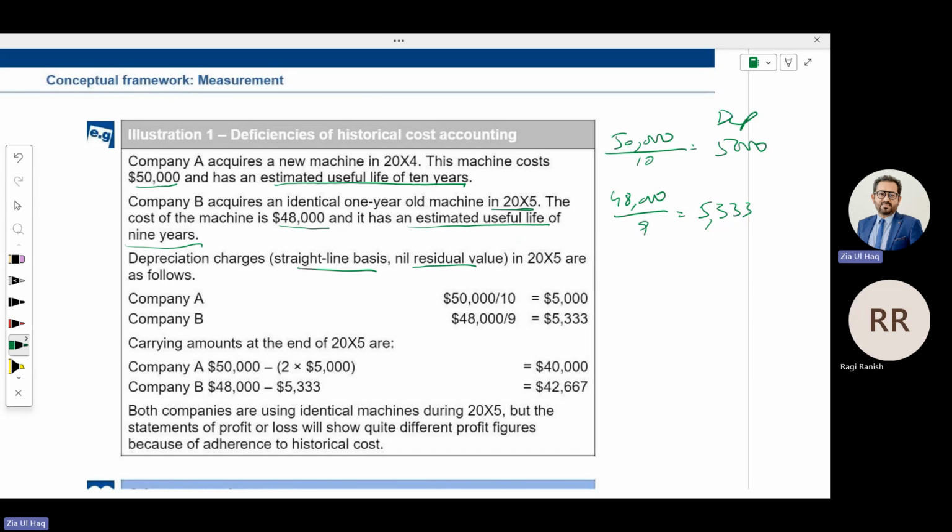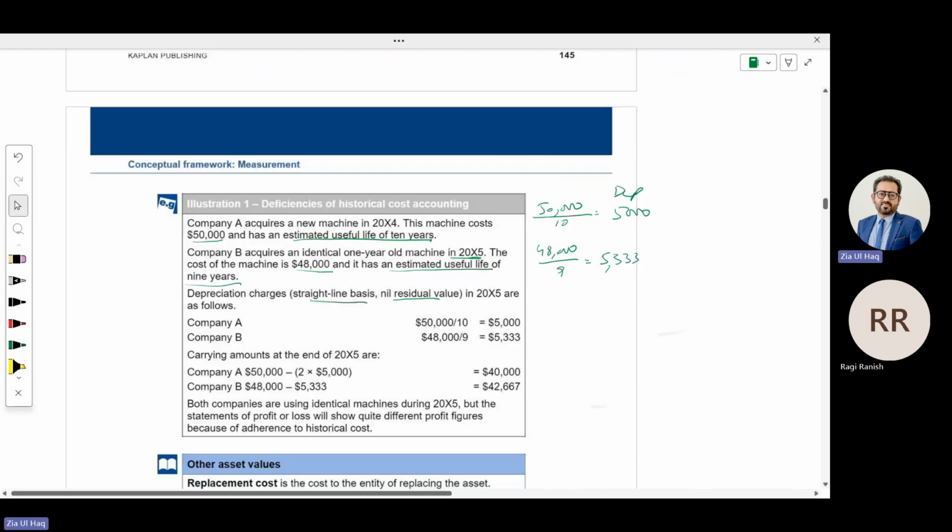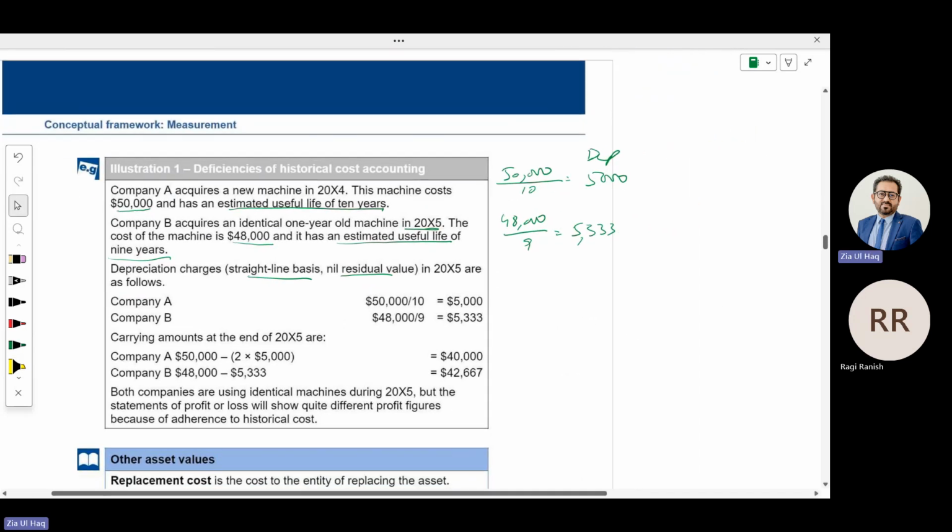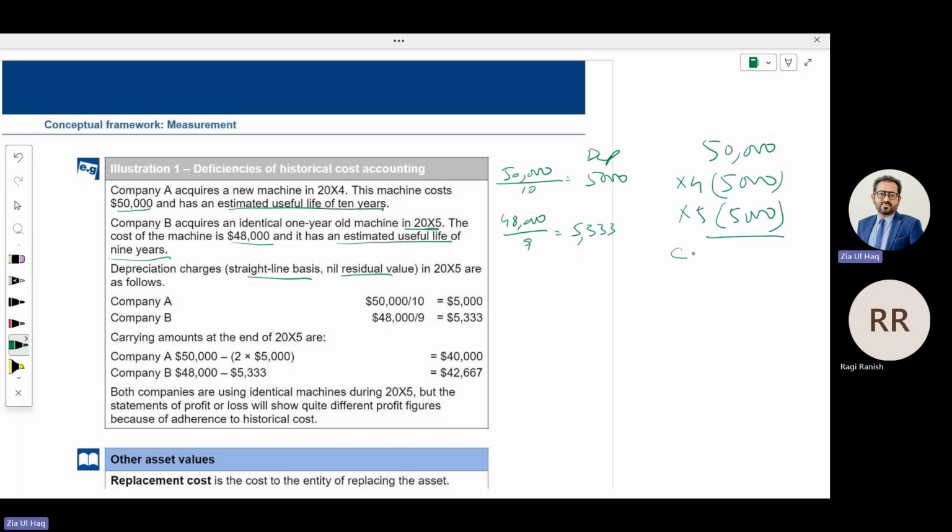What is the value of Company A's machine at year end 20x5? The cost was 50,000. 20x4 depreciation is 5,000. 20x5 depreciation is 5,000, and the carrying value we have is 40,000 for A. What's the carrying value for B?